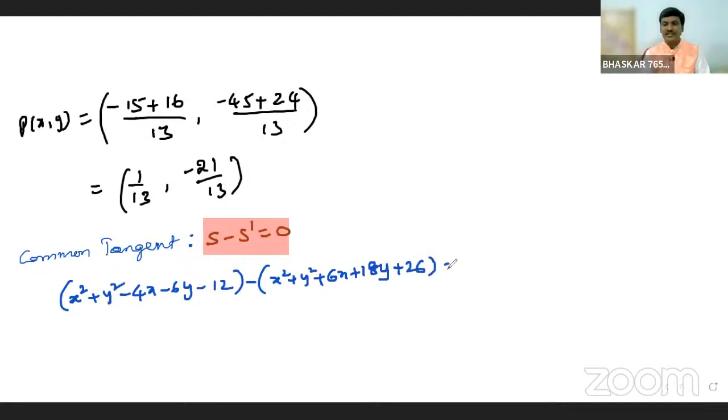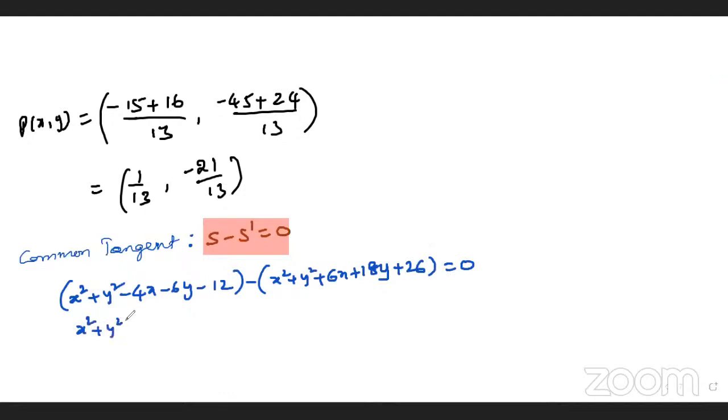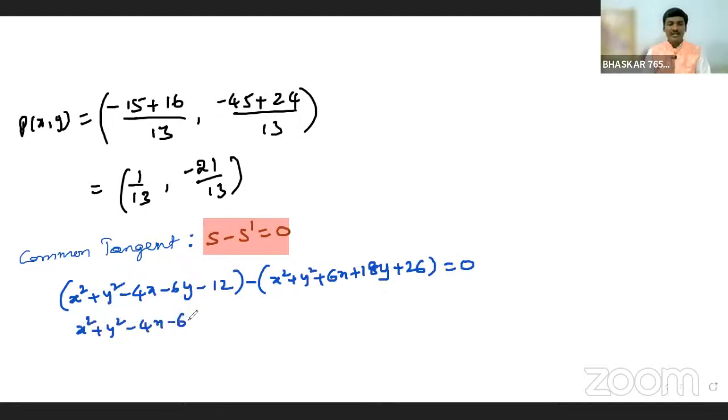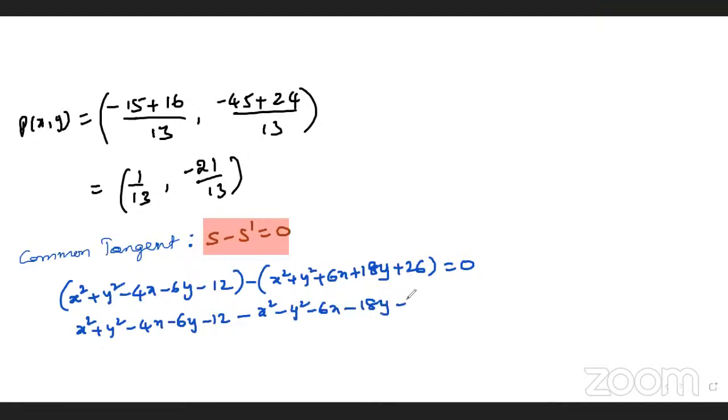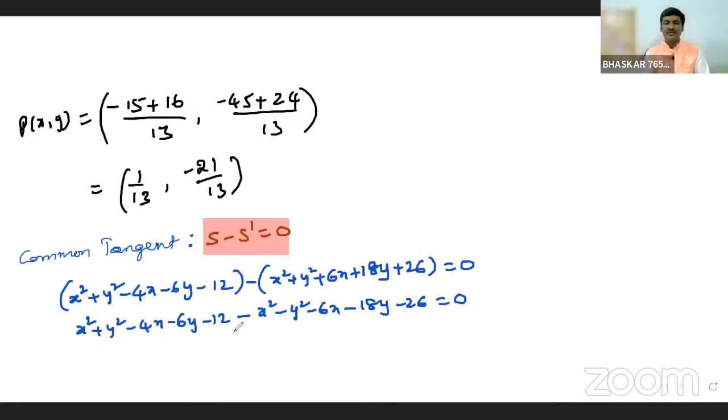So now x square plus y square minus 4x minus 6y minus 12, multiplied by minus, minus x square, minus y square, minus 6x, minus 18y, minus 26 is equal to 0. The x square gets cancelled, very good.